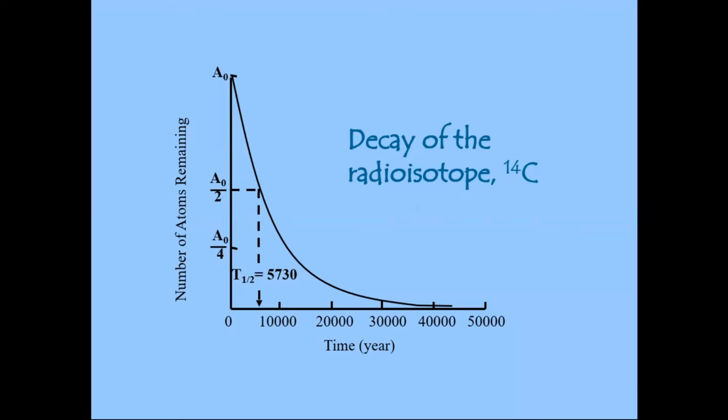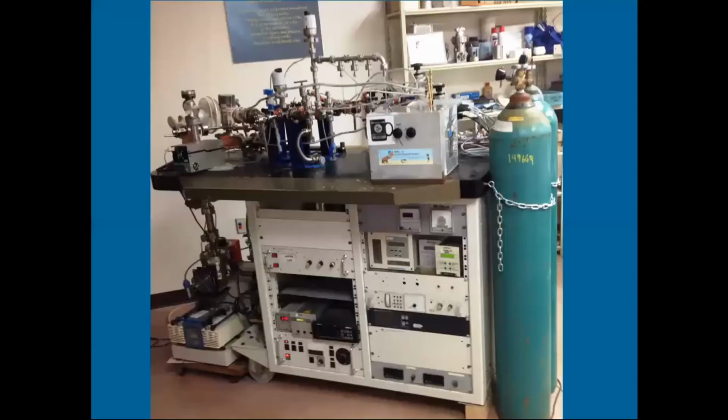If we go another 5,730 years, it's down to a quarter. If we go another 5,730 years, it's down to an eighth, and so on. Consequently, we can measure the number of carbon-14 atoms remaining in a sample and relate that to the time of death, and that gives us the age of an archaeological artifact.